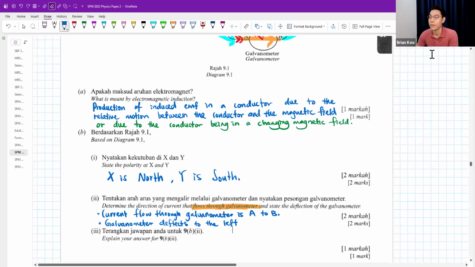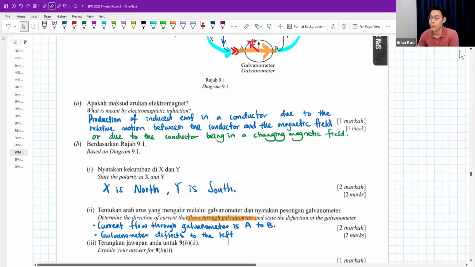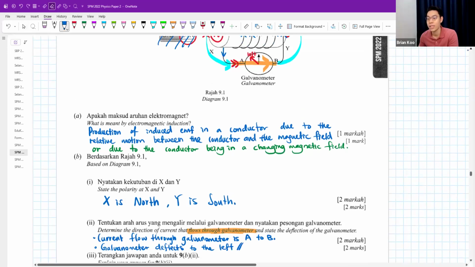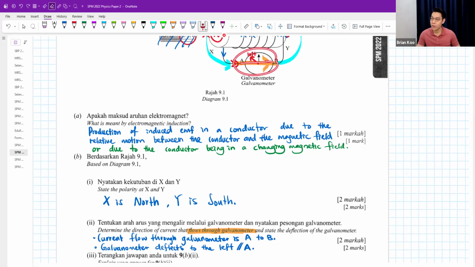Okay, to the left. Or you can say towards A also can. To the left or towards A also can. Okay, so we are looking at the orange color one. It is flowing inside the galvanometer A to B, and it is pointing to the left.